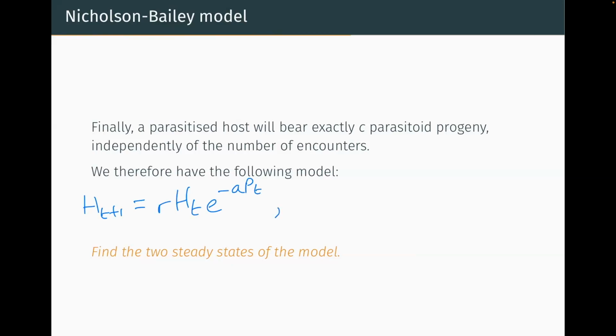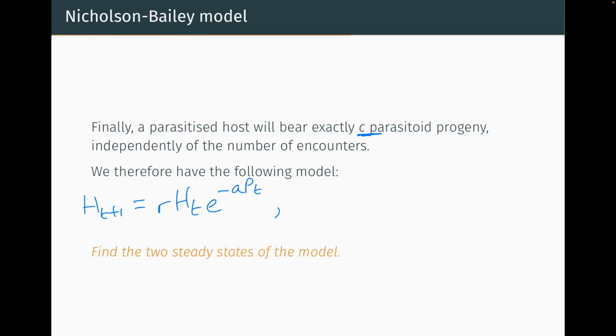And if you recall in the general form of the model, we said that we're going to have c eggs produced that survive. And we're assuming as well that this is independent of the number of encounters. So if they get parasitized by one parasitoid, they will produce c eggs. If it's two, they'll still produce c eggs and so on. So we're assuming that there's a limit to the number of eggs that can be produced from a host.